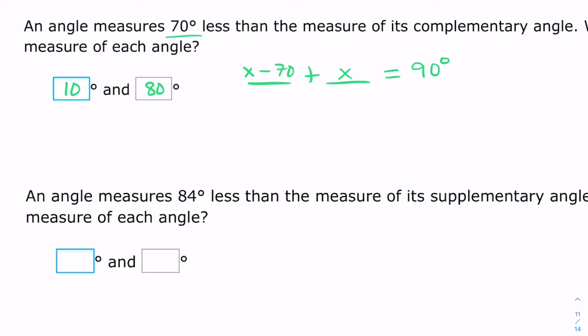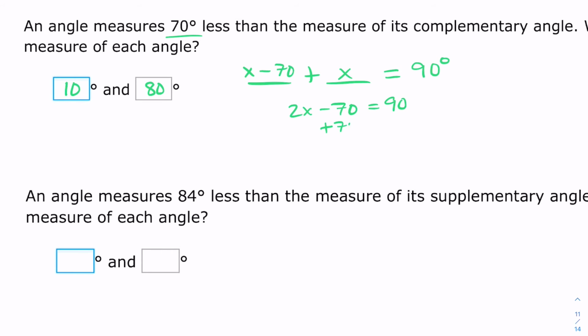Okay, so that's 70 less than the other angle. So if this angle was 80, this angle would be 10, which is what we found because it is 70 less than that. So I set up an equation and combine like terms: 2x plus 70 minus 70 equals 90.